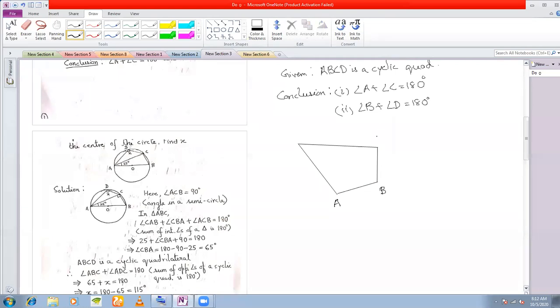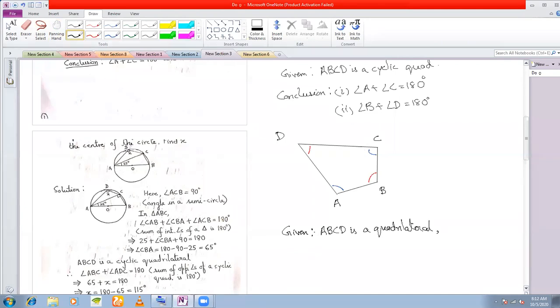If I give you any quadrilateral ABCD, not cyclic, and additionally, what I give you is that the sum of opposite angles is 180 degrees. That is, the sum of these two red angles is 180 degrees, and the sum of these two blue angles is 180 degrees.